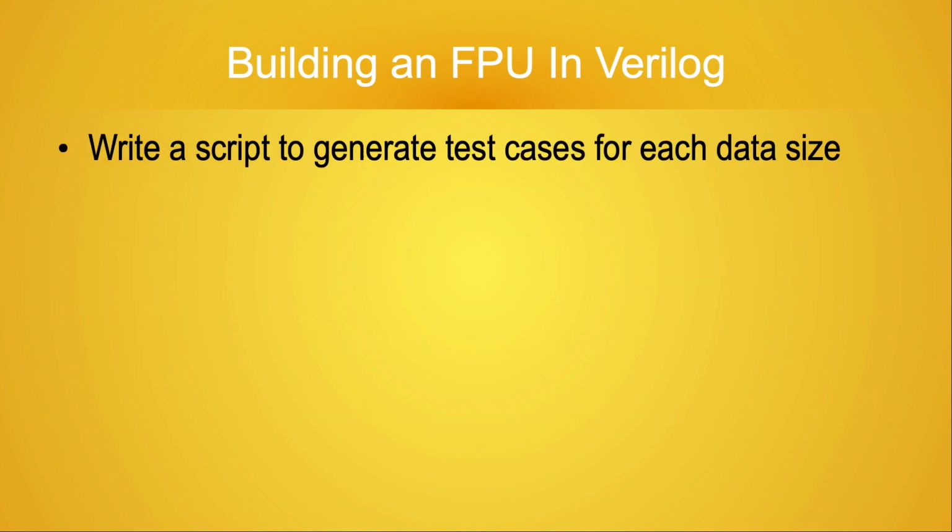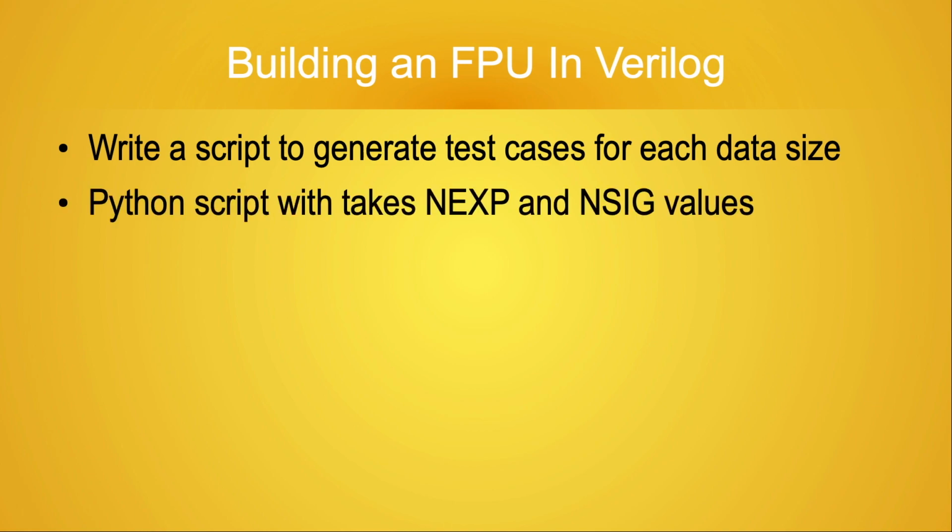In order to accommodate testing floating point numbers of various sizes, I've gone from writing the test by hand to writing a program which generates appropriate test cases using the number of exponent bits, NEXP, and the number of significand bits, NSIG, as input parameters. The program is a Python script which generates the Verilog test module fp_mol_tb.